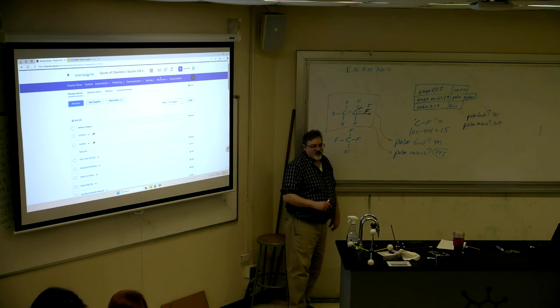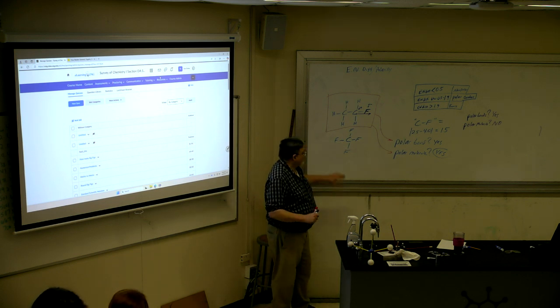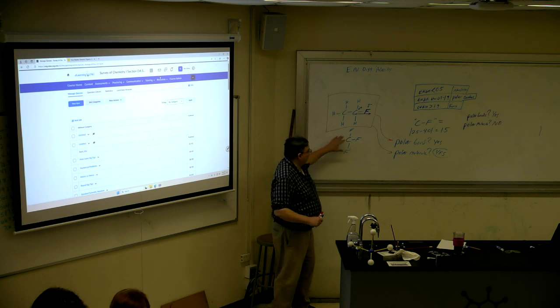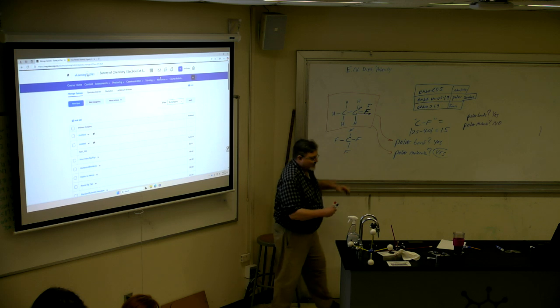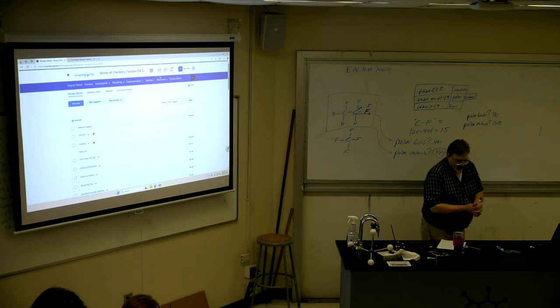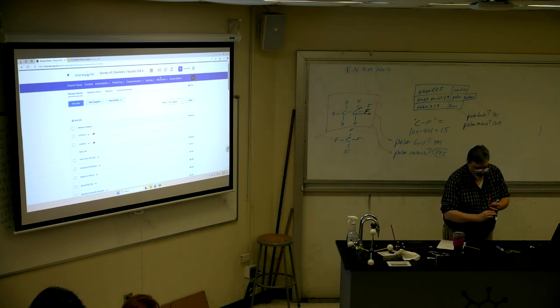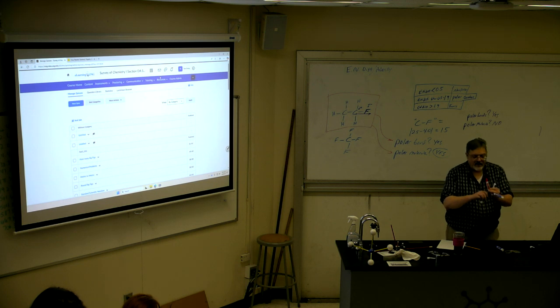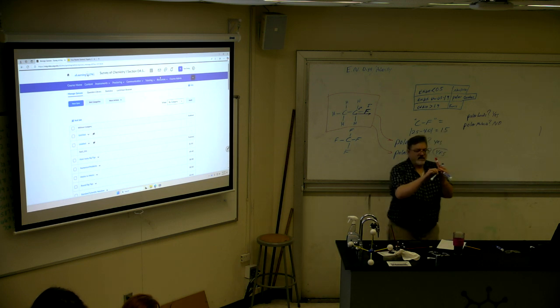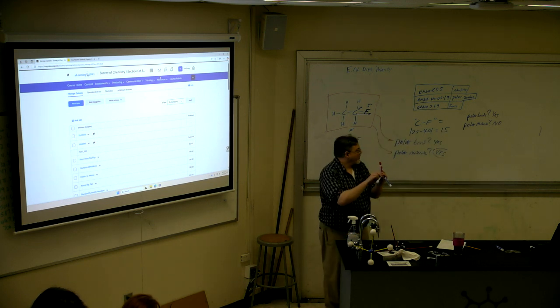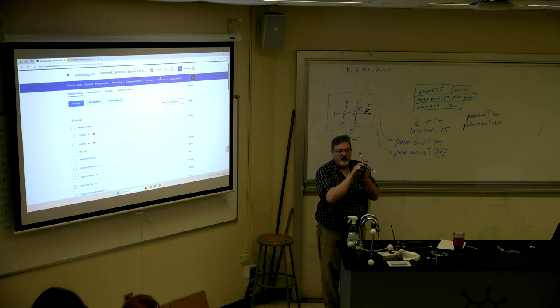You remember tetrahedral? I can't really draw this on the plane of the board because this molecule really isn't in the plane. It's tetrahedral. In the real world, there's 4 things around a central point, right?